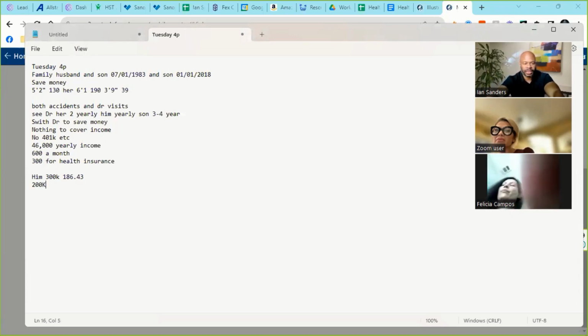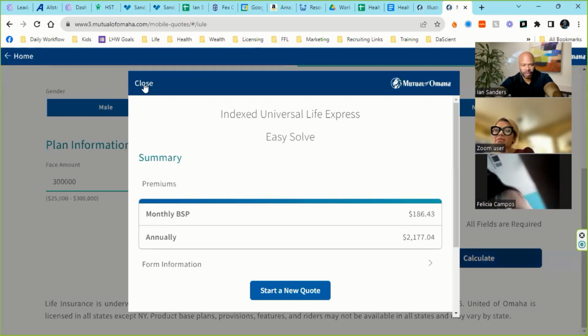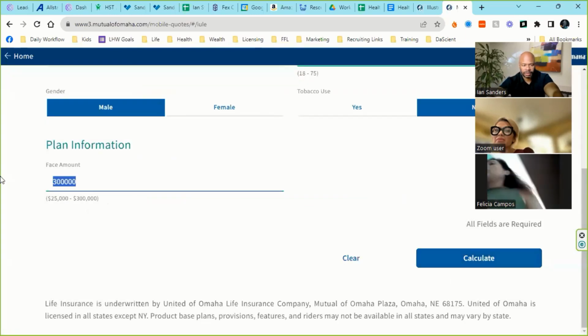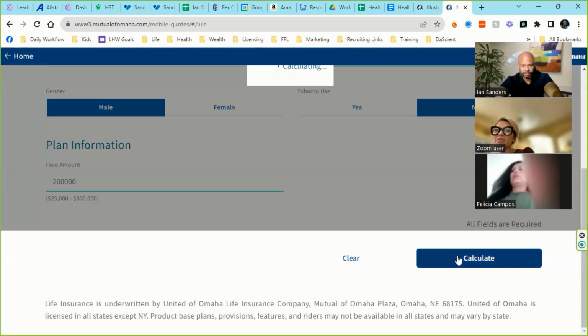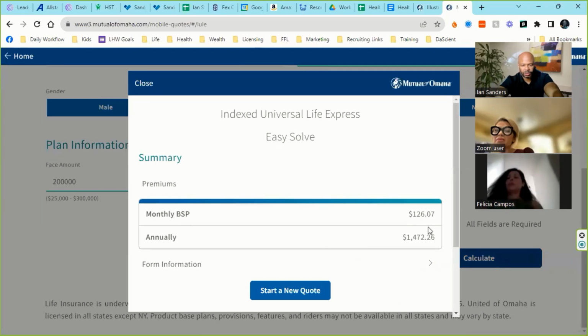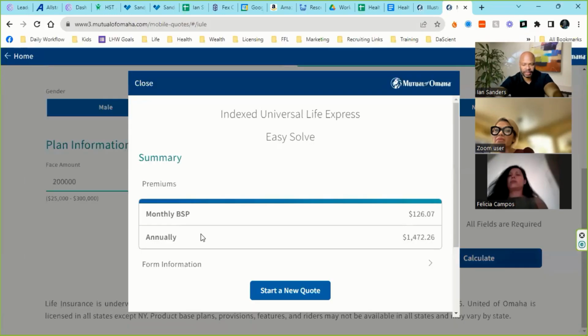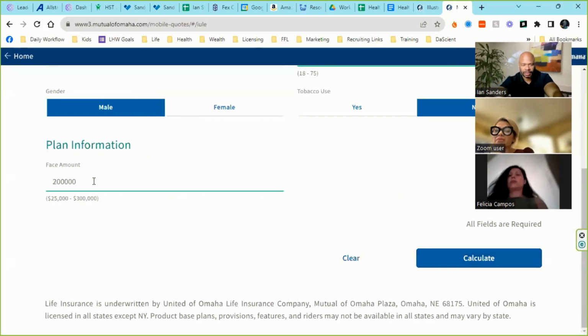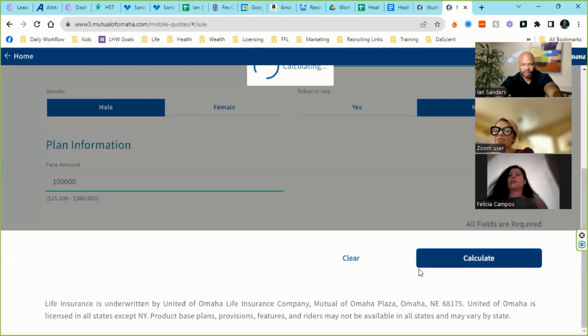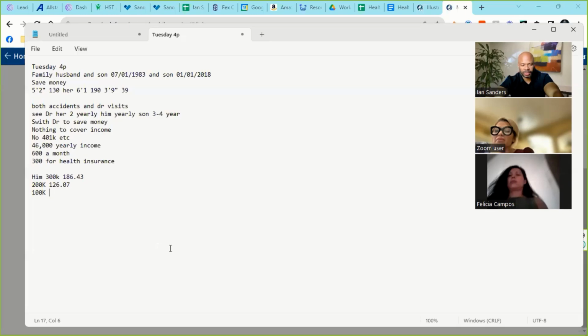For 200,000, it's going to be 126.07. And then for 100,000, it's going to be 65.72.